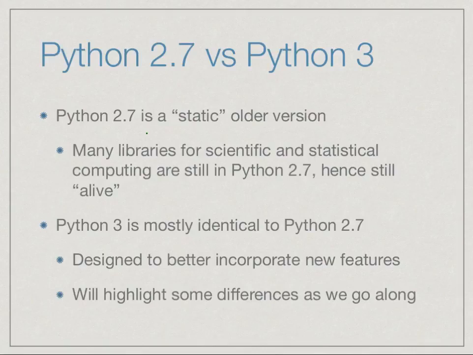So Python 3 essentially is a modern version of Python which incorporates features that were added on to Python as it grew in a way that makes it more consistent and more easy to use.